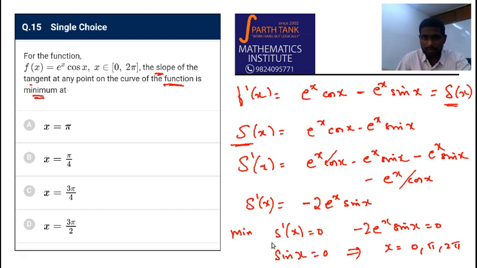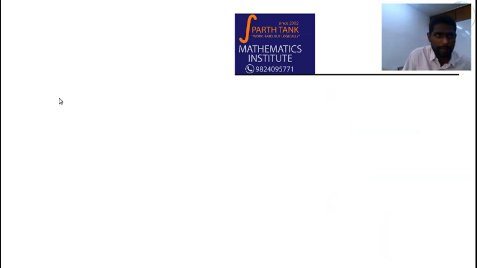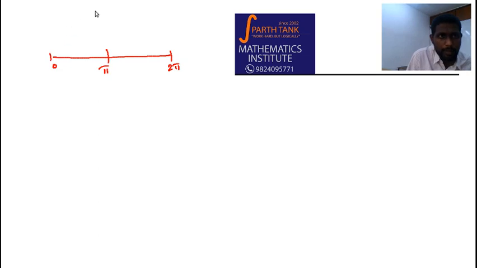That is this s dash of x. Imagine in the region 0 to pi. Okay, let me draw it. Let us say this is 0, this is pi, this is 2 pi. S dash of x I got as minus 2 e power x sin x.